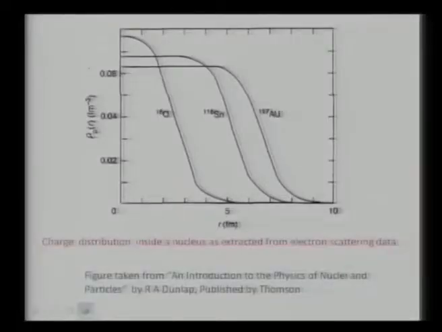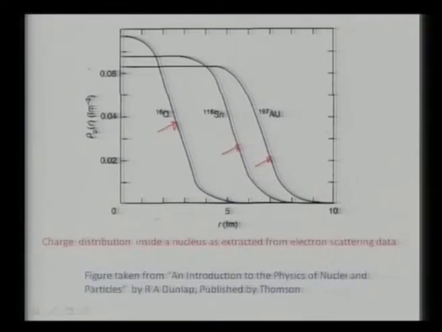Okay. So, you look at this slide, and this is for 3 nuclei, this exercise has been done and has been shown here, and one is this oxygen nucleus. One curve is for oxygen nucleus, another curve is for tin 118, and yet another curve is for gold 197.